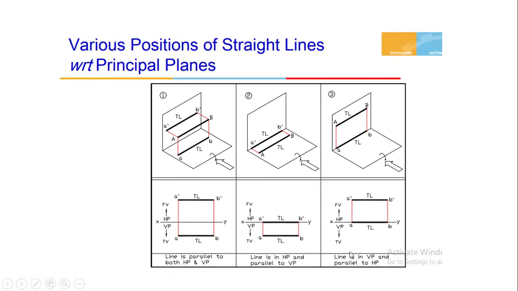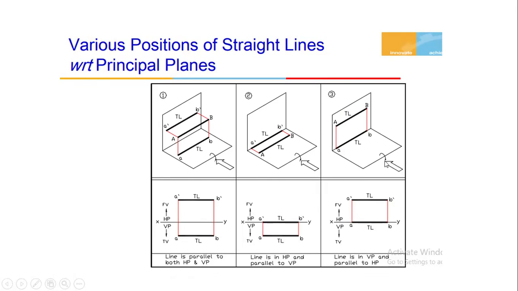Next condition: a line is resting on the vertical plane and it is parallel to the horizontal plane. The line AB is contained in the vertical plane and it is facing parallel to the horizontal plane. In this case, we have to draw the front view and top view of the line AB, using the same projection method.